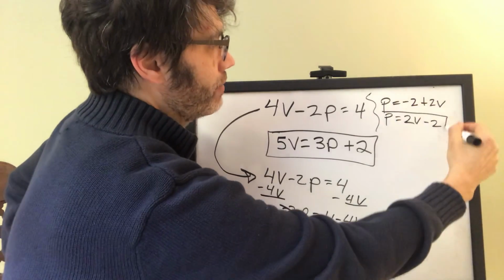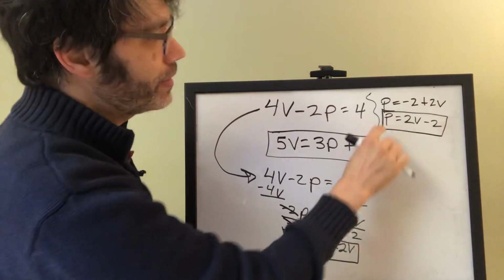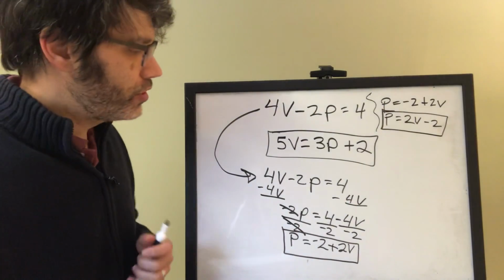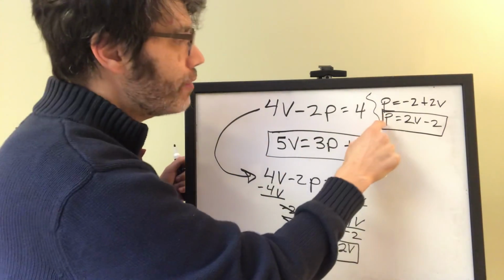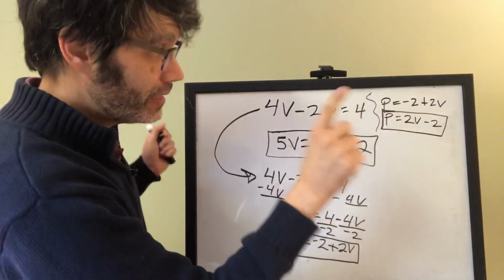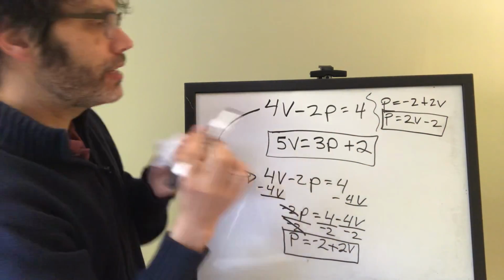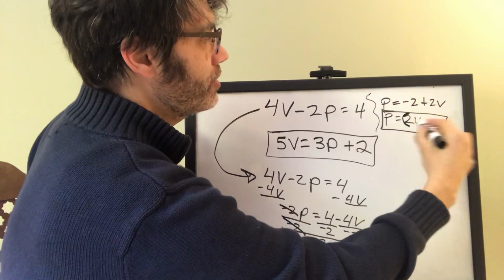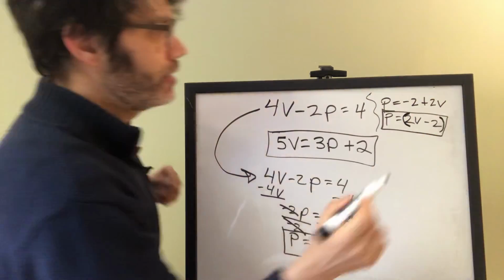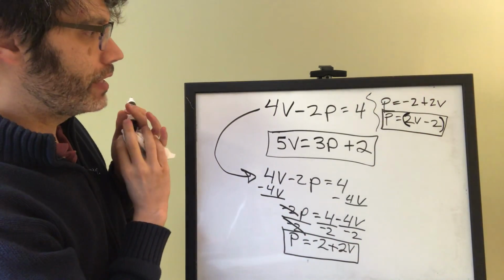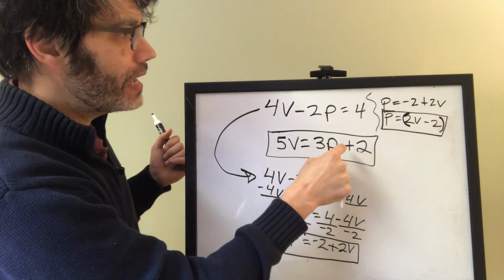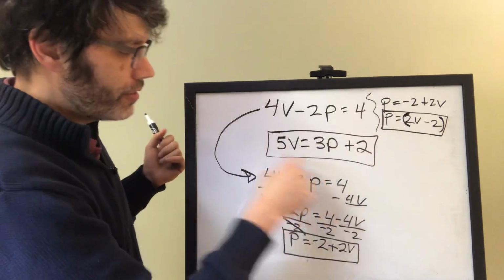In fact, let's use that one. They're all correct, but this one seems to be the easiest to work with. So now we have isolated p by itself: p equals 2v minus 2. I would always put parentheses around this to make it into a package so that you can substitute it later more easily. And now let's put it into this other equation.